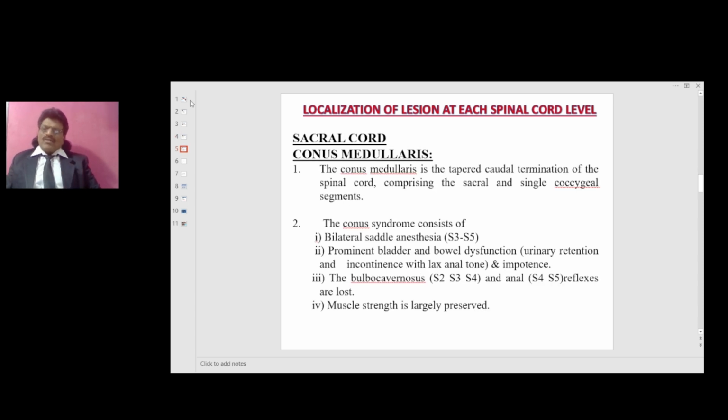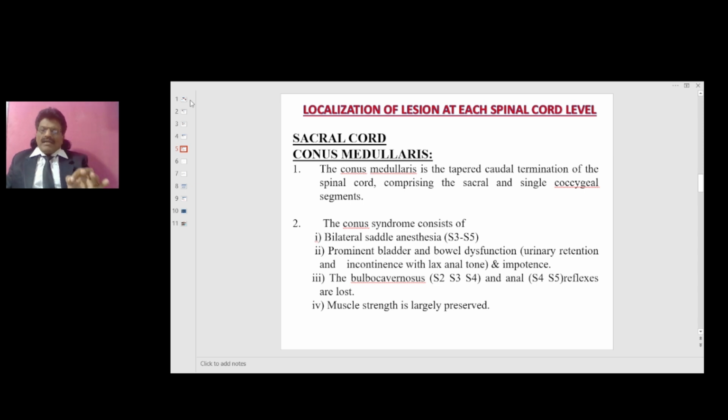Sacral cord. There are two important concepts here: conus medullaris and cauda equina. So what is conus medullaris? Conus medullaris is the tapered caudal termination of the spinal cord comprising the sacral and single coccygeal segment. The conus syndrome consists of bilateral saddle anesthesia because S3, S4, S5 are affected.